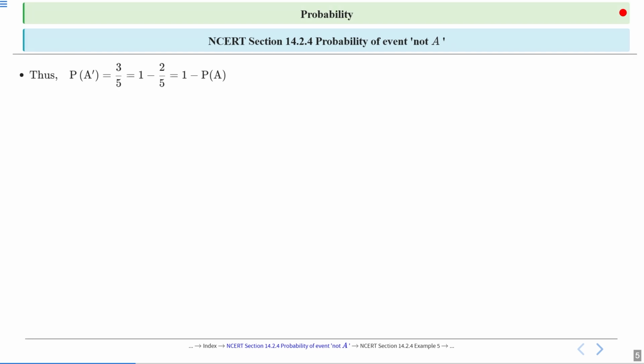So now, probability of A complement is equal to 3 over 5, which we have calculated already. We can rewrite 3 over 5 as 1 minus 2 over 5.